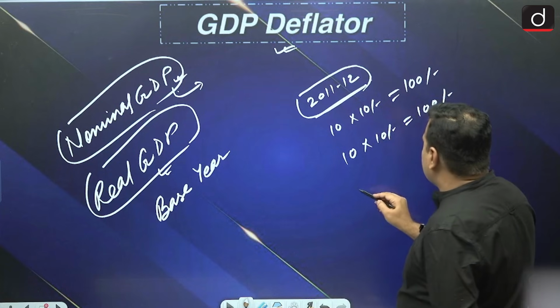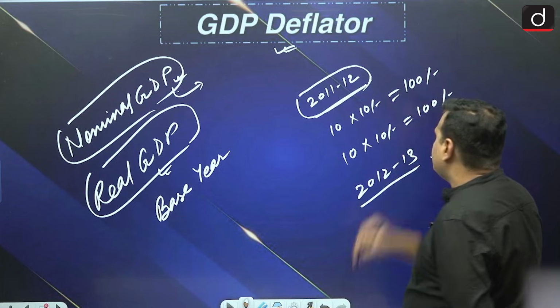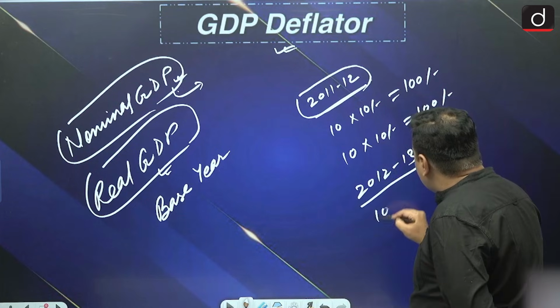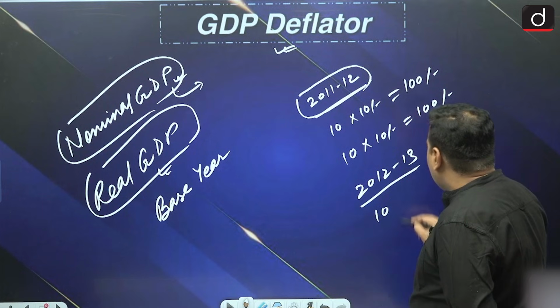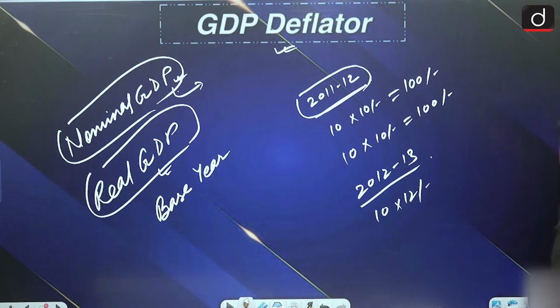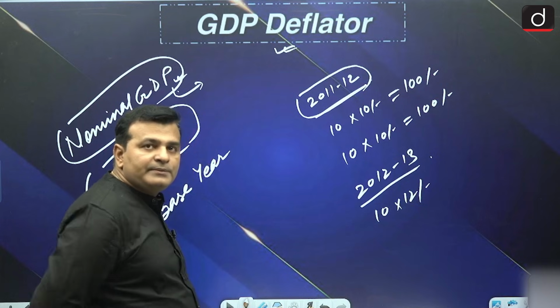But in the next financial year, that is in 2012-13, if again India produced only 10 cars and the price of one car increased to 12 rupees, this is because of inflation. This is the price rise.